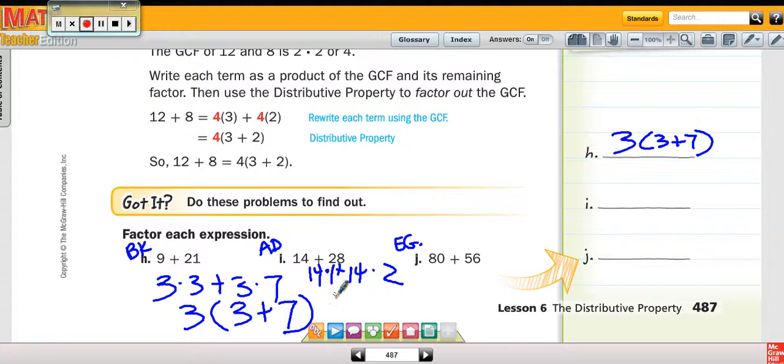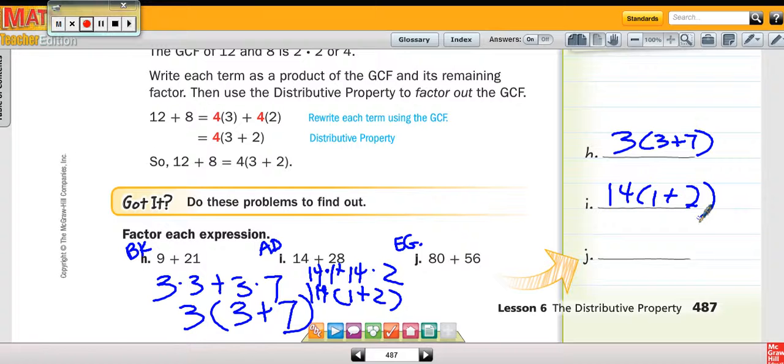And so then you would put 14, 14, and then the extra is 1 plus 2. Very good. Good. How many of you agree? Should agree because we did that one together, right?